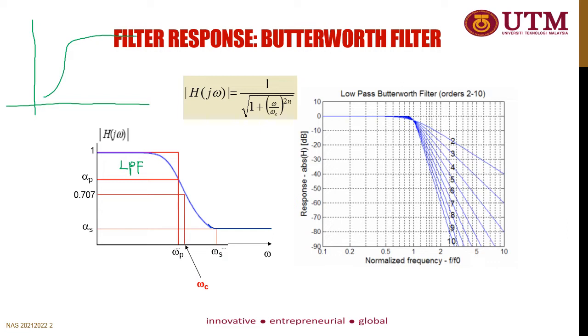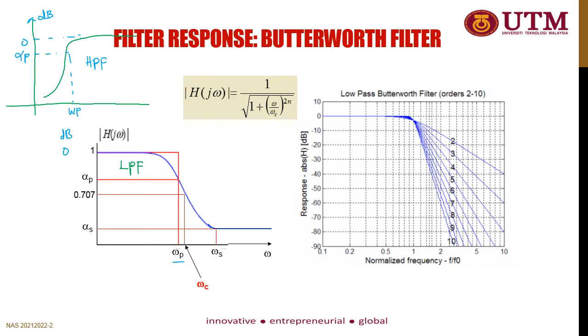Still flat top, and then you have the maximum gain of 1 or 0 dB, and then you have the passband gain alpha p, and you have the omega p.